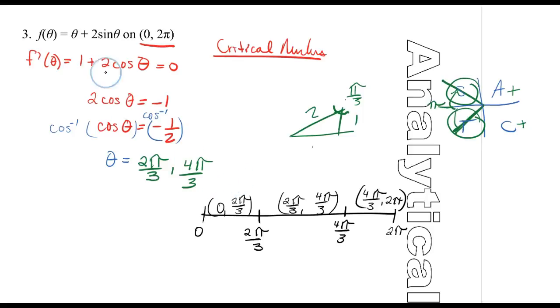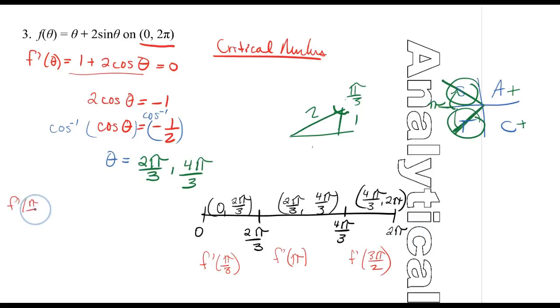I want to find my derivative at, let's say, pi over 3, at pi, which is between 2 pi over 3 and 4 pi over 3, and say my derivative at 3 pi over 2. That's an easy one to do using the unit circle. And then we can find out, is our derivative positive or negative for each of these values.